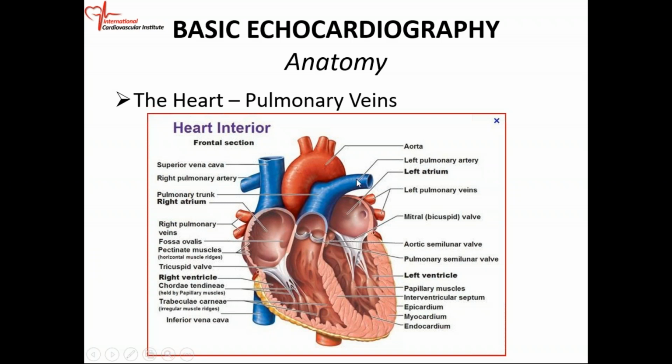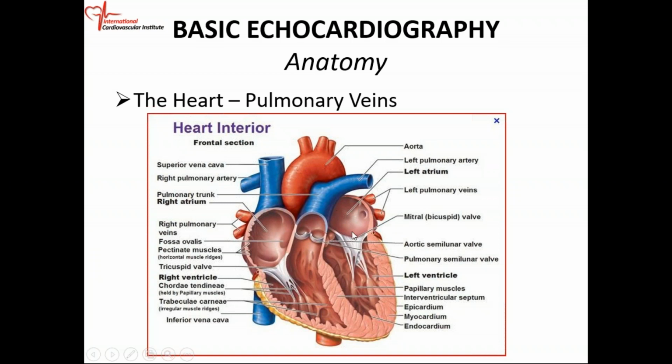Then the blood is going to be oxygenated because of breathing. You're going to breathe in and out, so the blood is going to be oxygenated. So oxygenated blood is going to travel through these pulmonary veins into the left atrium. There are four pulmonary veins, two on the left side, two on the right side.